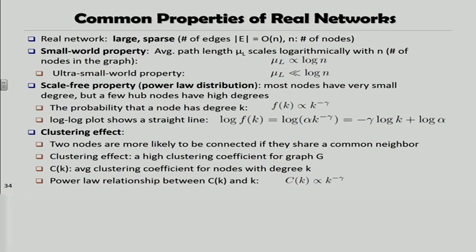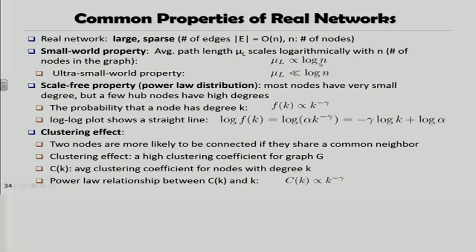Then he may be connected to someone in, say, Florence. Then I have that connection. The diameter could actually be very small. That's the small world property.